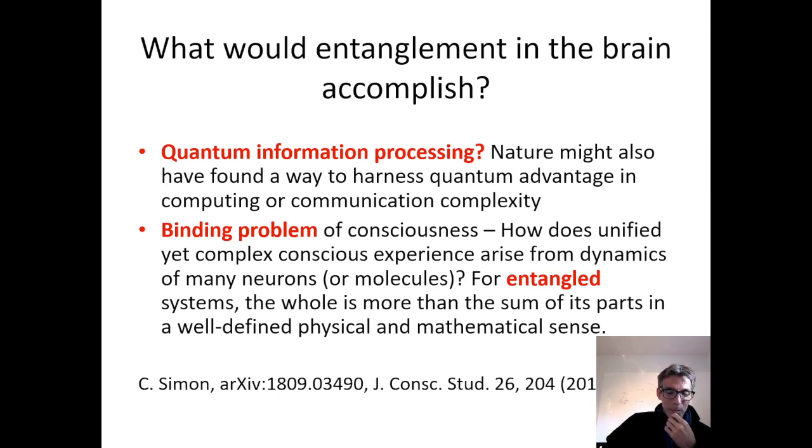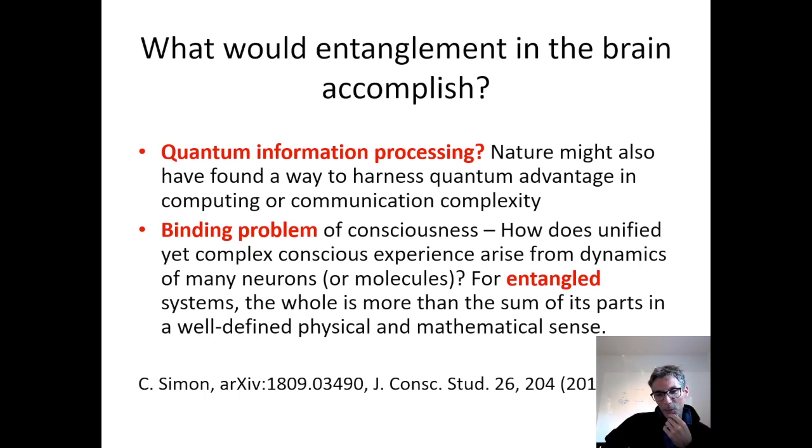Then the other potential reason for considering a role for quantum entanglement in the brain is the binding problem of consciousness. So this is a much more philosophical point. That question is basically, how does our conscious experience, which has a very unified, holistic character, arise from the dynamics of all these neurons and even all these molecules that we have in our heads?